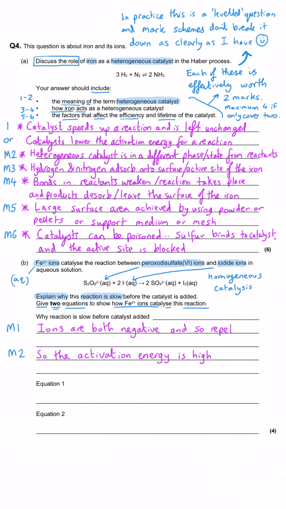And then in terms of the equation, this is really clever how the iron acts as a catalyst, because if you think about what's happening in this reaction, the iodide is beginning as a -1 oxidation state and the iodine is becoming 0. So that means that the iodide is being oxidized. It's giving away some electrons. And that must mean that the sulfur is being reduced.